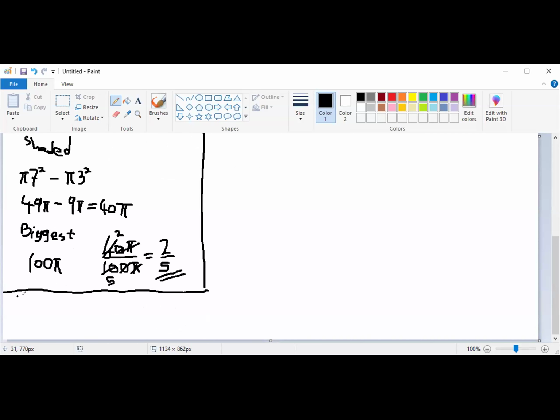0.06 multiplied by 0.0003. Hold on. Multiplied by 0 point what? 0, 0, 0. How many? 3, right? 4.